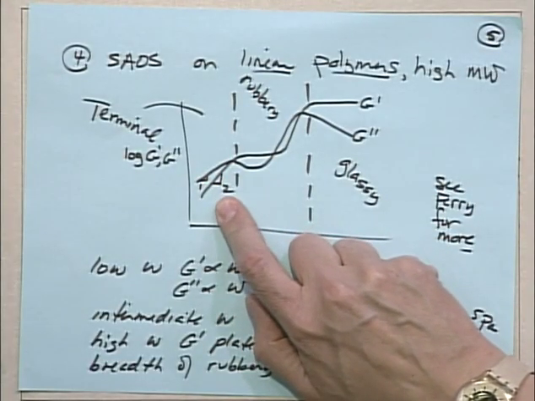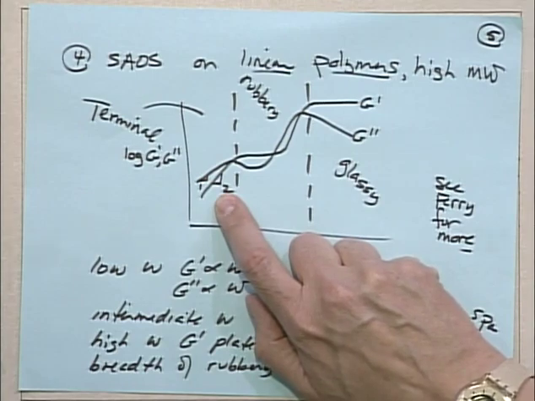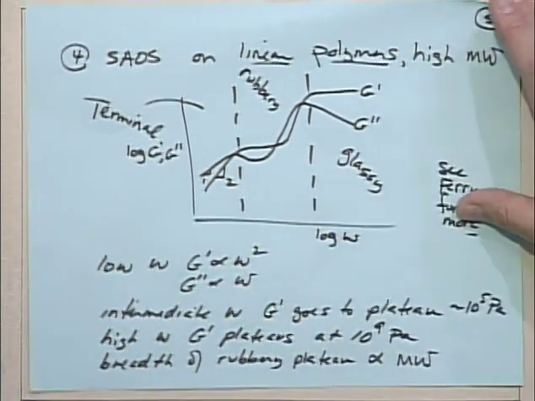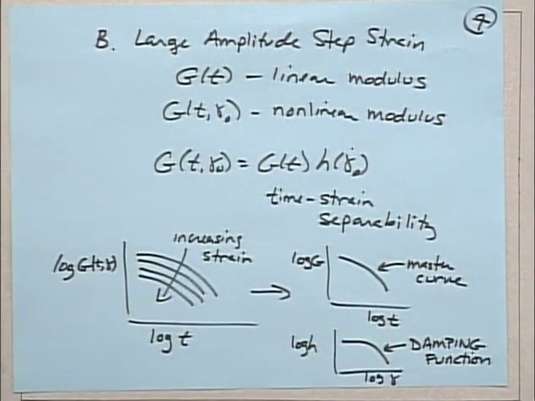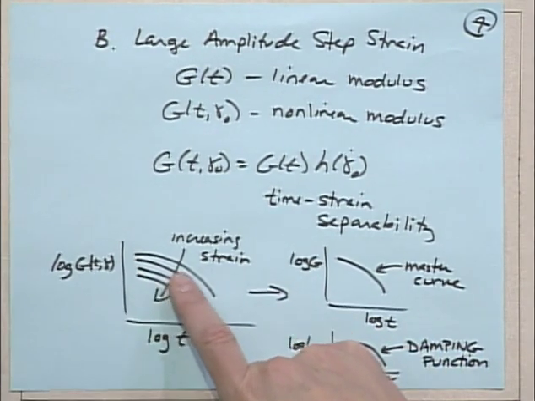We're going to be able to predict that in the chapter on generalized linear viscoelastic fluids. And we're going to be able to understand at least the small strain version of the step strain experiment. Not the large amplitude part, but at least this low strain part.